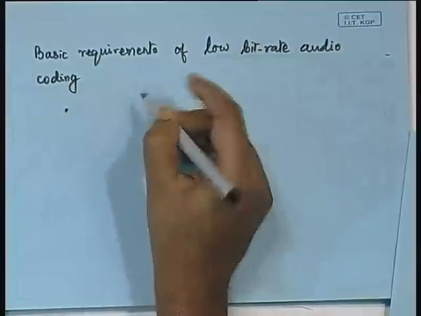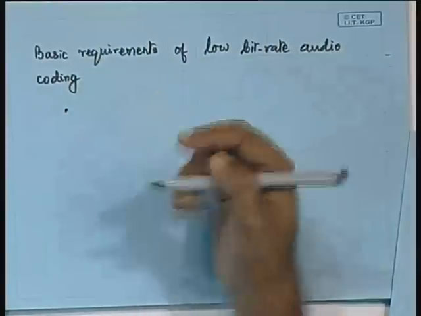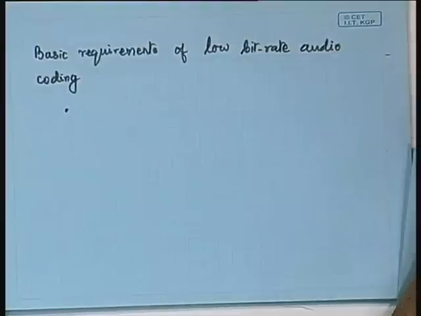The first requirement is that the audio levels can change, as the music goes on or the high quality audio goes on. There are many variations in the audio intensity levels, the loudness levels. So, it should not be that the characteristics of the coder is specifically matched to a particular amplitude, and this will get affected when the amplitude changes.